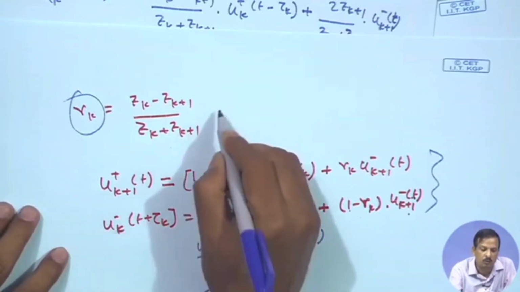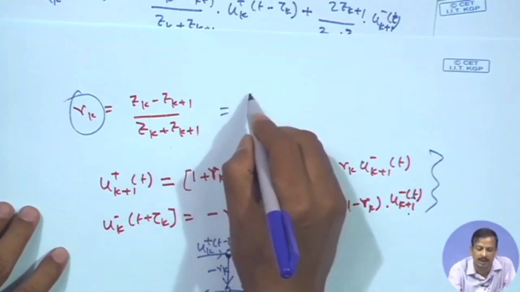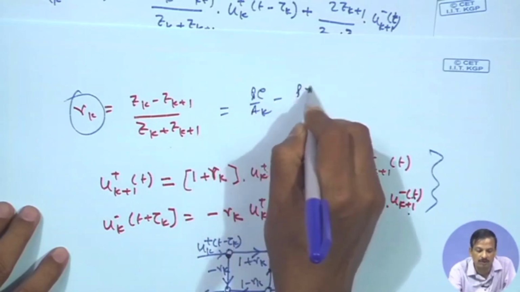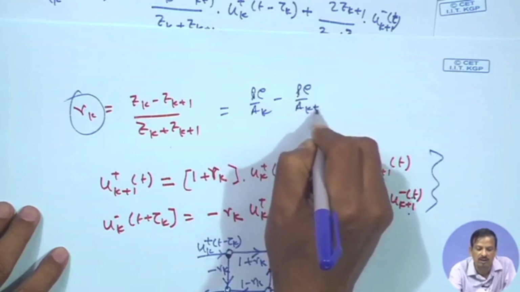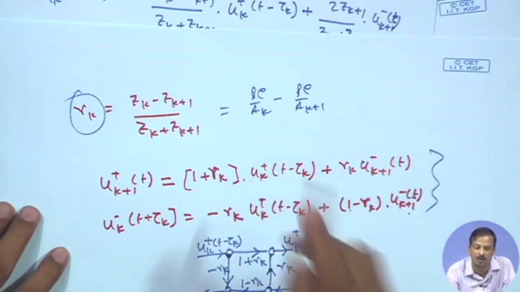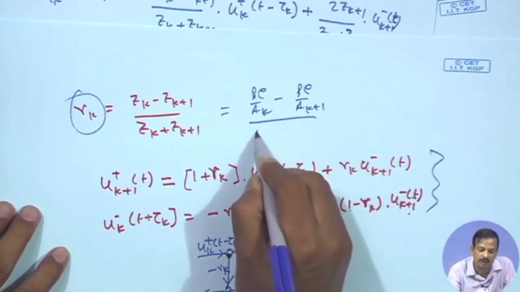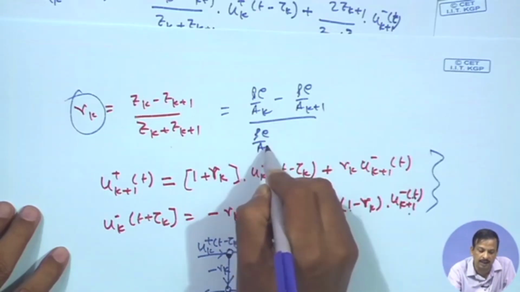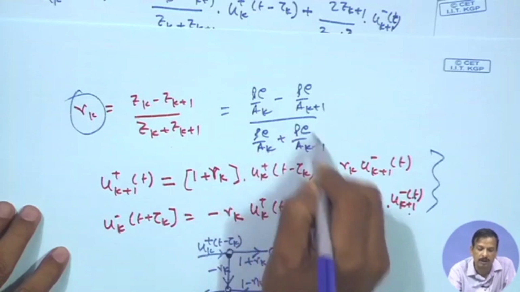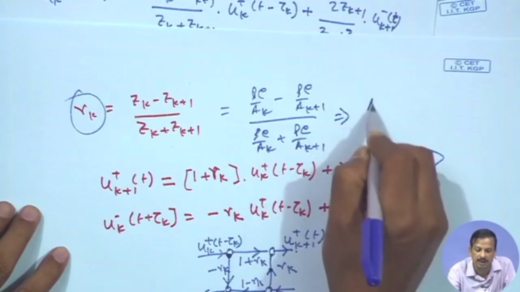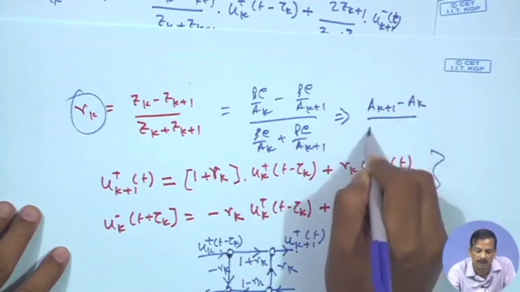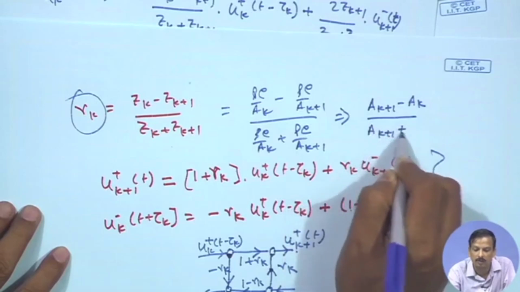How does it come? What is z k? Rho c by a k, rho c by a k minus rho c by a k plus 1, where a k is the cross sectional area of the kth tube and a k plus 1 the cross sectional area of the k plus 1 tube, all over rho c by a k plus rho c by a k plus 1. If I evaluate it, it is nothing but a k plus 1 minus a k divided by a k plus 1 plus a k.